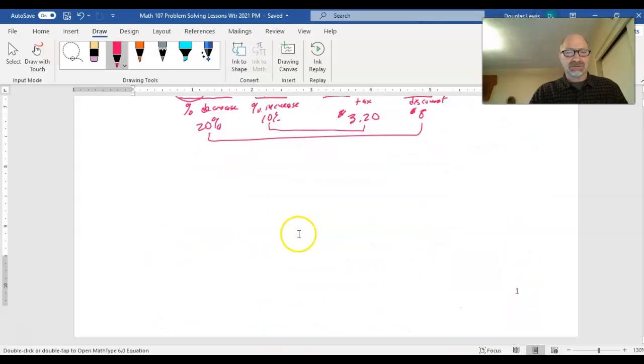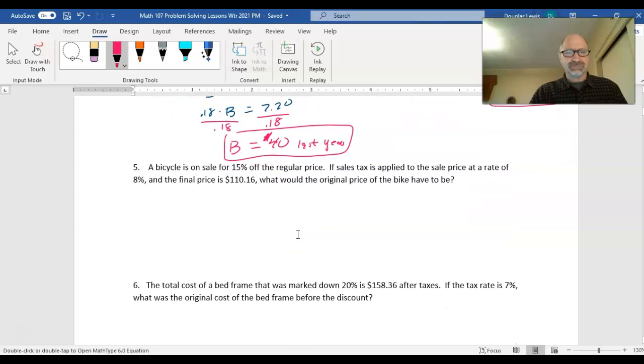So remember, RB equals A only if A is the amount of increase or decrease. So let's go down to the problem, and I'm going to set it up. First, 15% off is going to be a decrease. So I'm going to write this as 1 minus 0.15, right? It's 1 minus R times the before amount, which I'm going to change from B to regular price.